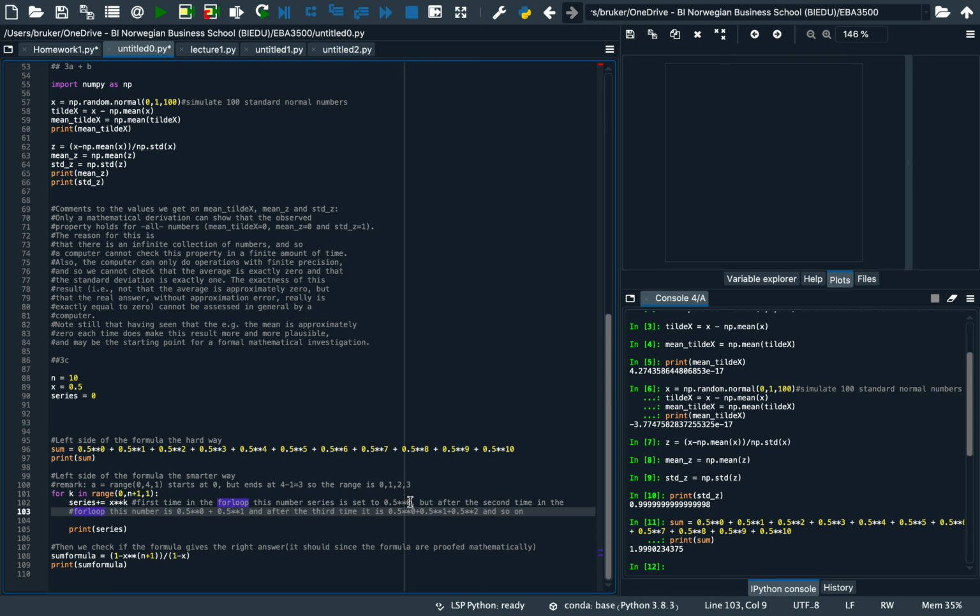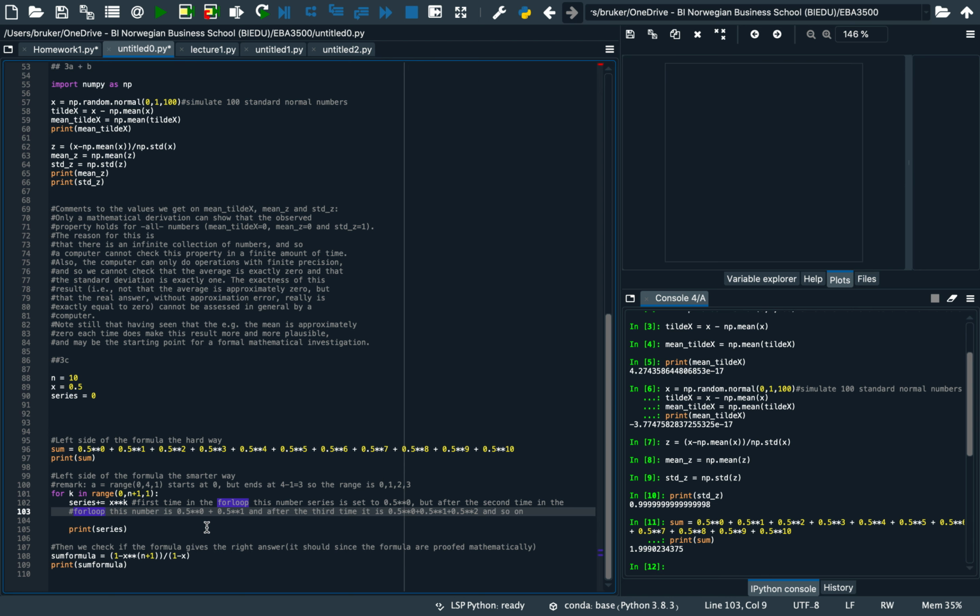But the second time in the for loop, series is now 0.5 to the power of 0 plus 0.5 to the power of 1. And then series is again updated. And after the third time, it is 0.5 to the power of 0 plus 0.5 to the power of 1 plus 0.5 to the power of 2, and so on.